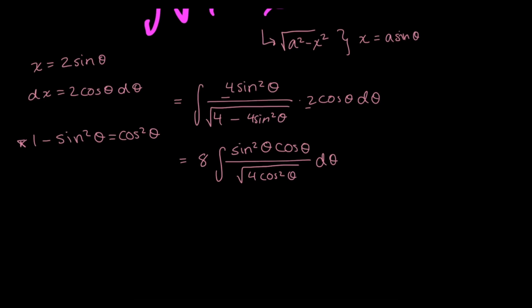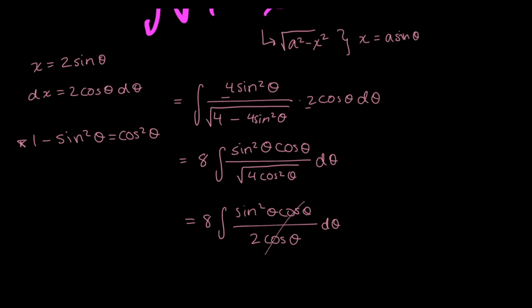And now I could start simplifying things even more by getting rid of that square root so that I have, again, 8 left outside, sine squared theta cosine theta over just 2 cosine theta d theta, reduced by that square root.